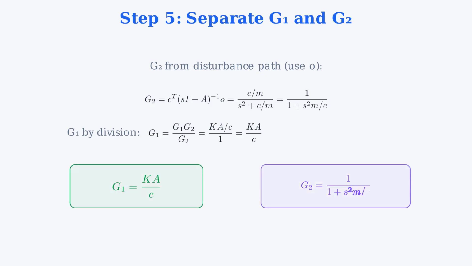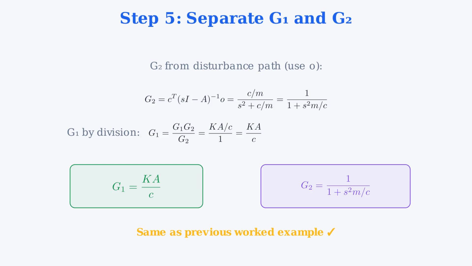Multiply. The result is c over m divided by (s squared plus c over m). Clean up. c divided by (m s squared plus c). Factor c again. 1 divided by (1 plus s squared m over c). So G2 equals 1 over (1 plus s squared m over c).